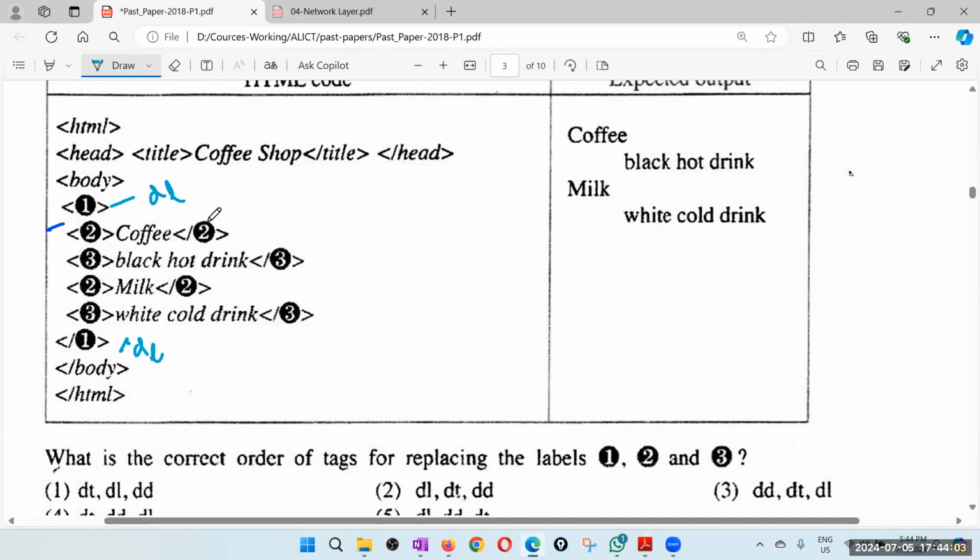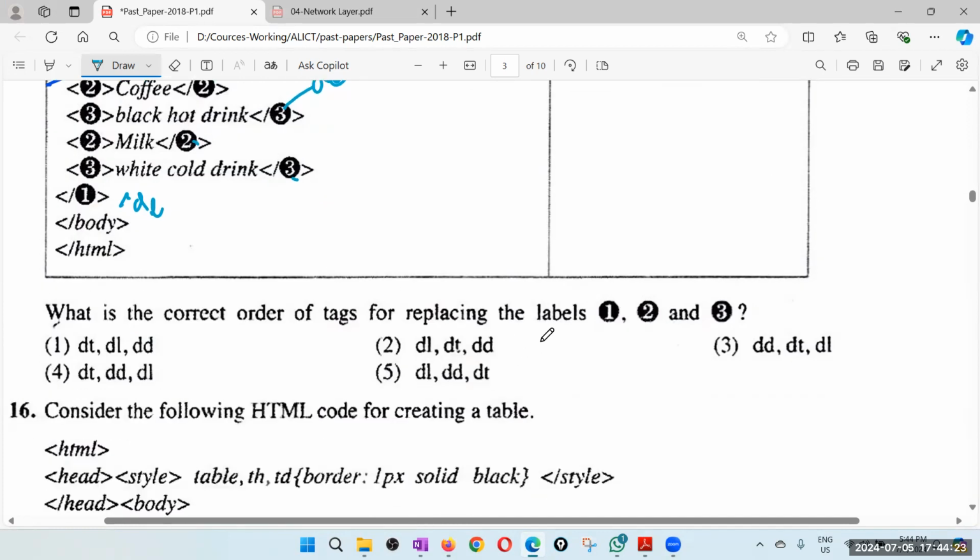This must be definition title, DT. This is definition data, DD. So 1, 2, 3 is DL, DT, DD: definition list, definition title, definition data. That is the second one. The 15th answer must be the second one.